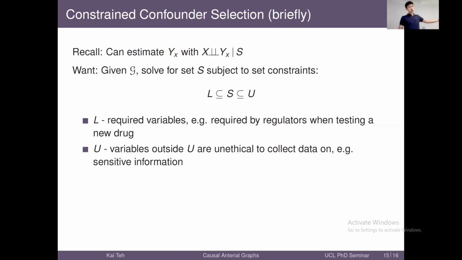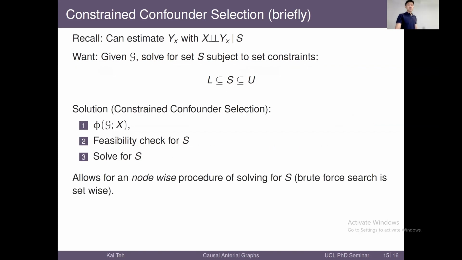Well, the lower bound L may be something required by regulations when you want to develop a new drug, something that you must include in your adjustment set S. And U may be, for example, when variables outside of U are unethical to obtain, like sensitive information, privacy, validations and so on. You can't obtain data from outside of U. So that's the practical motivation.